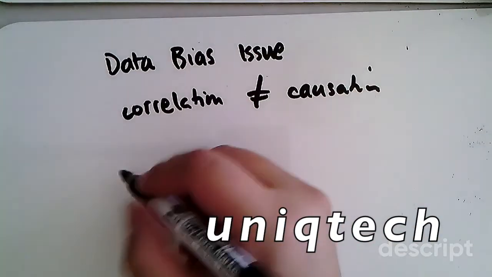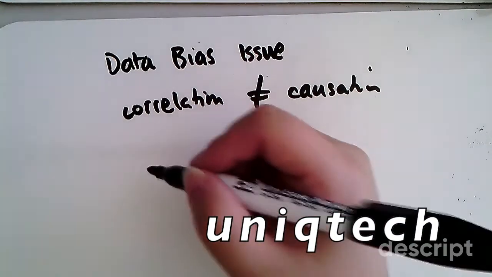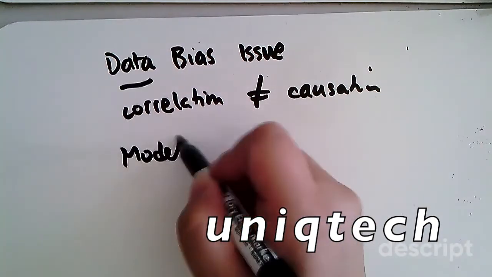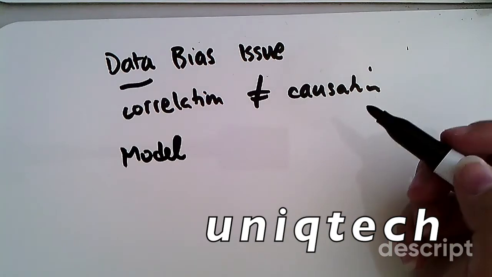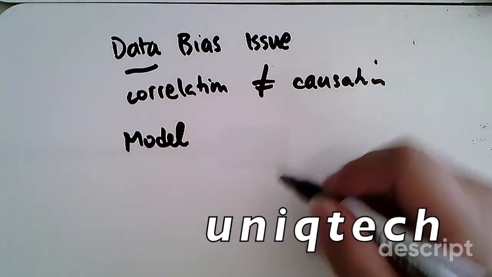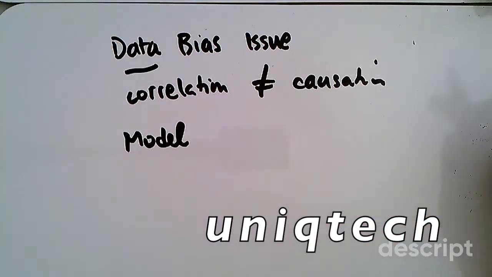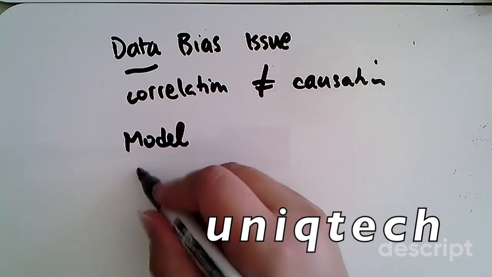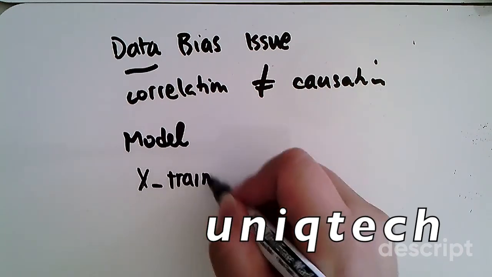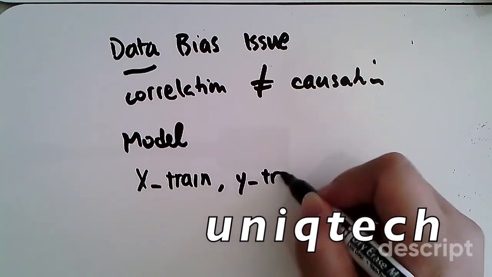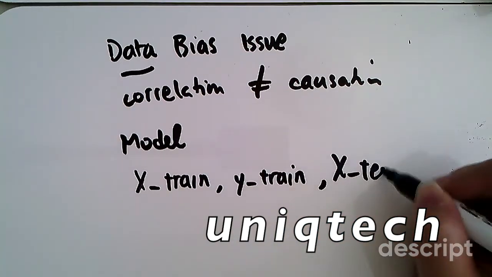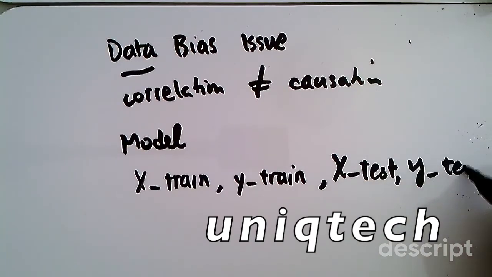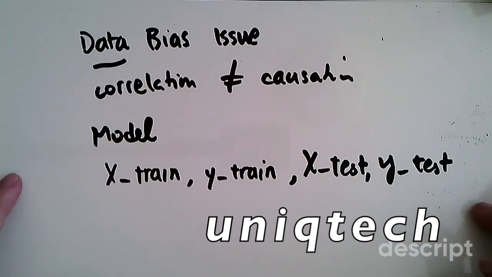A lot of your time will be spent reasoning about your data, understanding the model, its strengths and weaknesses, as well as issues like the bias-variance trade-off, etc. And a lot of times it's also about how you create this X train, Y train, X test, Y test. These data sets matter a lot.